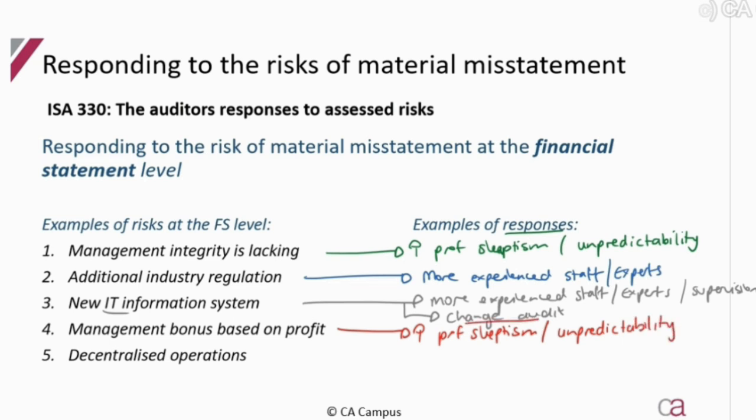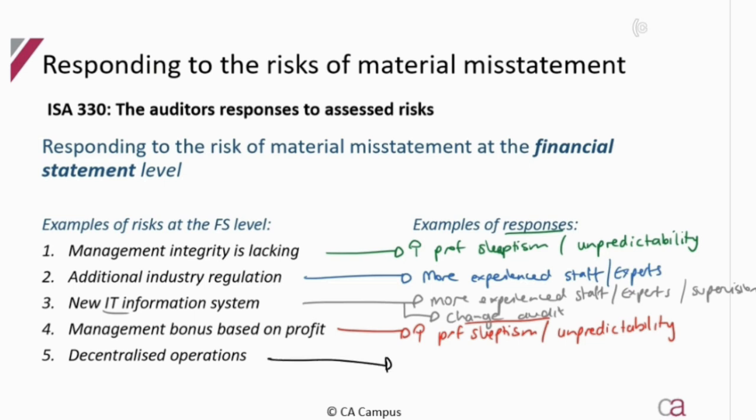So they get used to us testing revenue and interest. Now we're going to add rental income, even though it doesn't look like it's a significant account. Okay, so we can change our audit plan because we pick up there could be risks elsewhere.